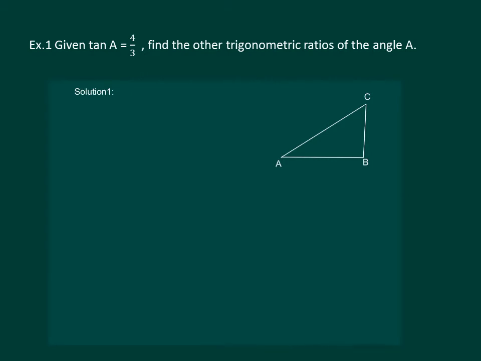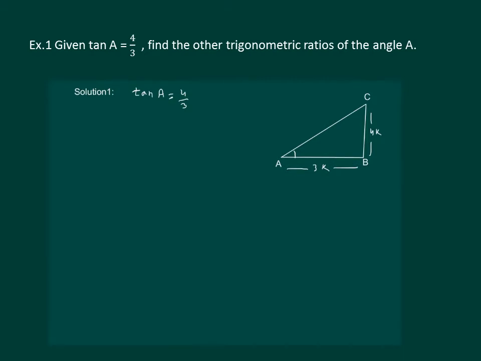Let us read the question. Given tan A equal to 4 by 3, find the other trigonometric ratios of the angle A. We are given tan A, which is equal to opposite side by adjacent side. So we have BC equal to 4k, then AB equal to 3k.